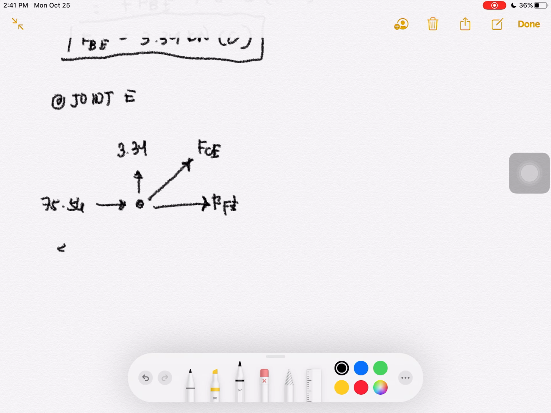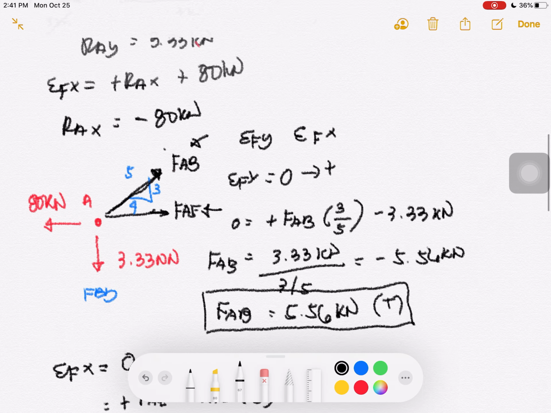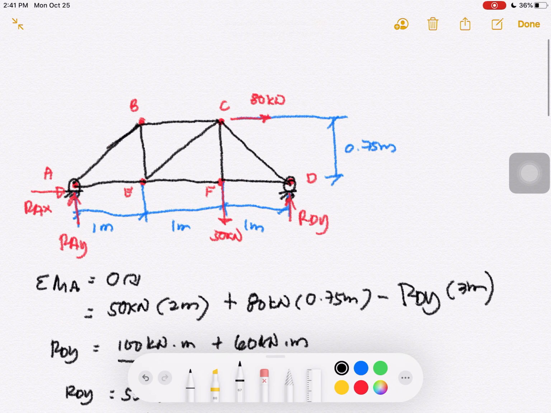so to calculate summation of forces along Y equals 0, going up positive, equals positive 3.34 plus FCE, but you need to multiply by 3/5. Pareho lang yung symmetrical naman sila. This one and this one, they have the same triangle.